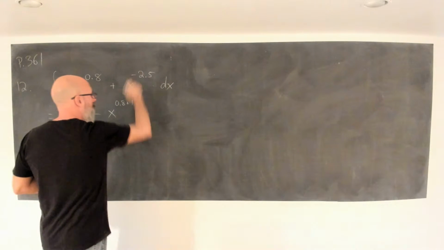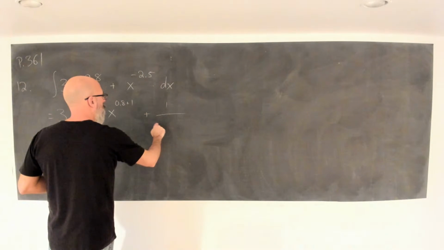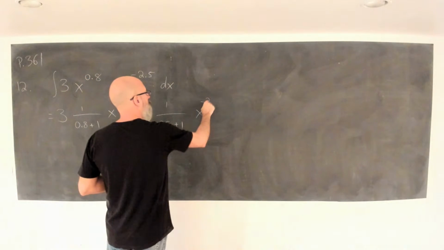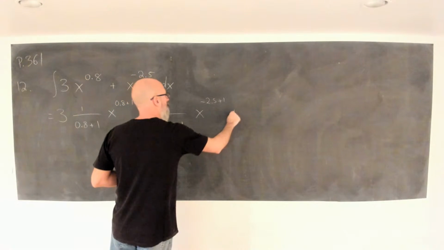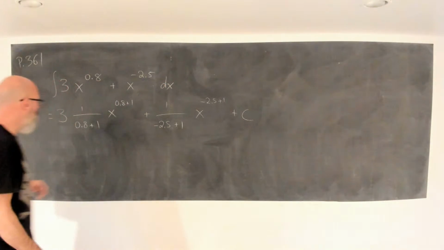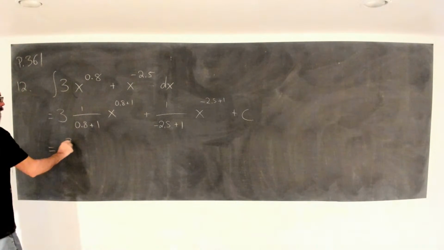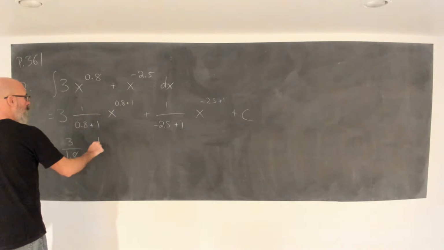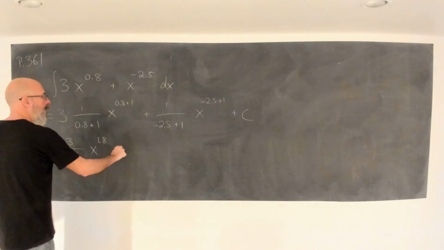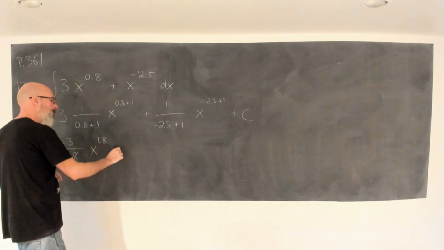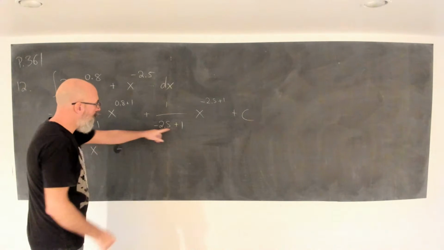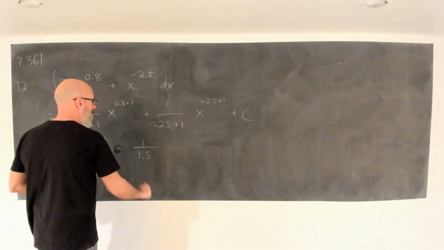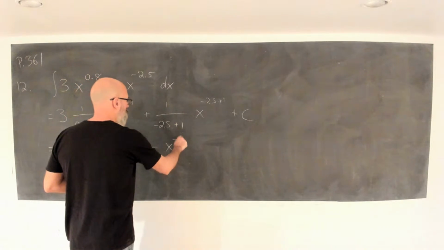And similarly here, 1 over minus 2.5 plus 1, x to the minus 2.5 plus 1. Throw in your arbitrary constant, maybe clean that up. 3 over 1.8, x to the 1.8, minus, if you will, 1 over 1.5, x to the minus 1.5.